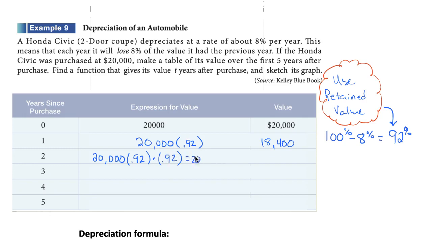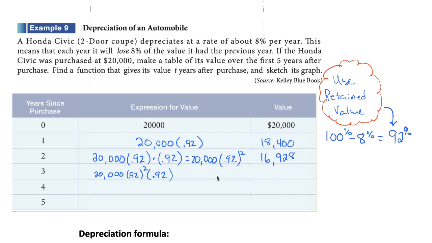In other words, we've got 20,000 times 0.92 squared. Okay, so put that in your calculator and you should get 16,928.